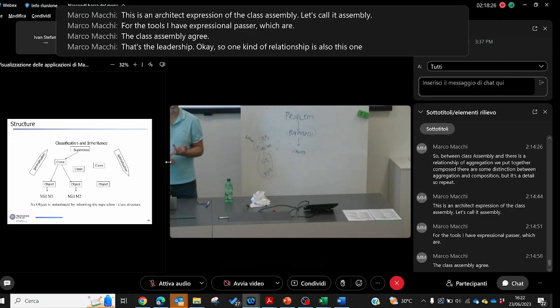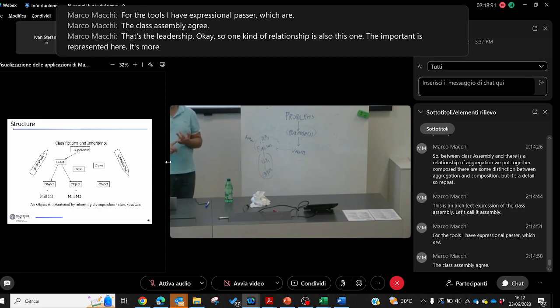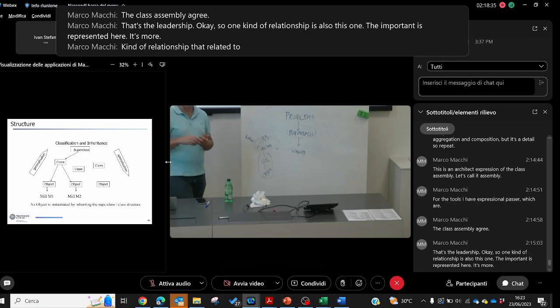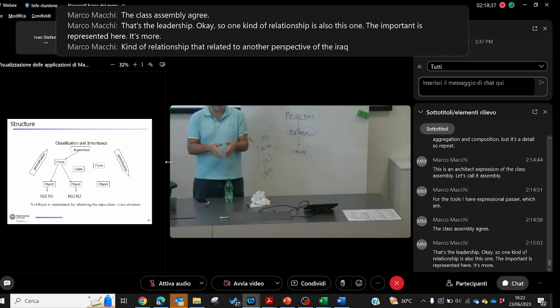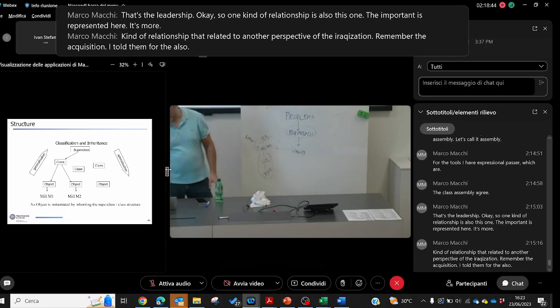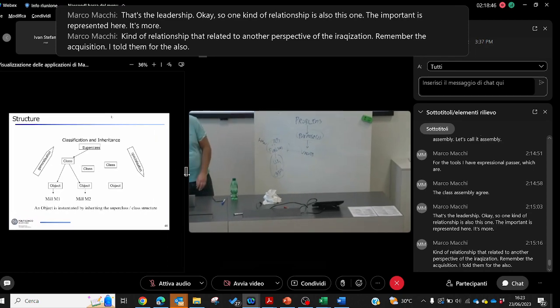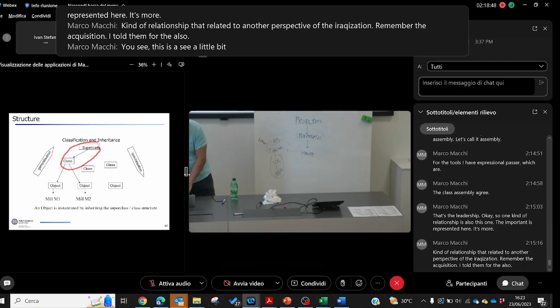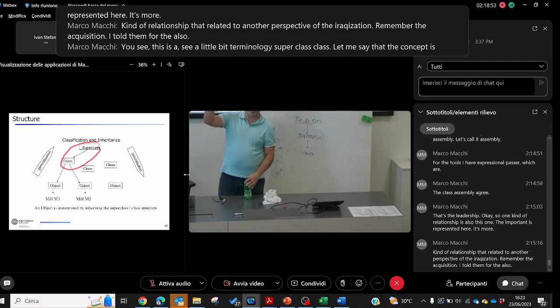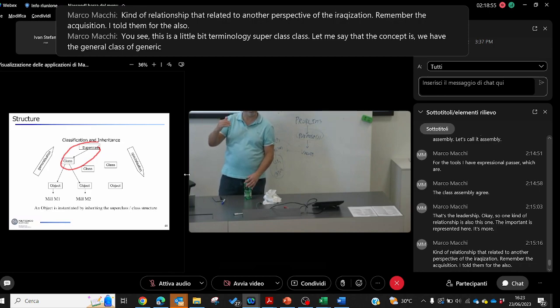The third, important one, is represented here. It's more a kind of relationship related to another perspective of hierarchization. Remember the hierarchization I told you about earlier? Also here there is a hierarchization. A little bit of terminology: superclass and class. The concept is that we have the general, generic class, and we have the specific, specialized class.